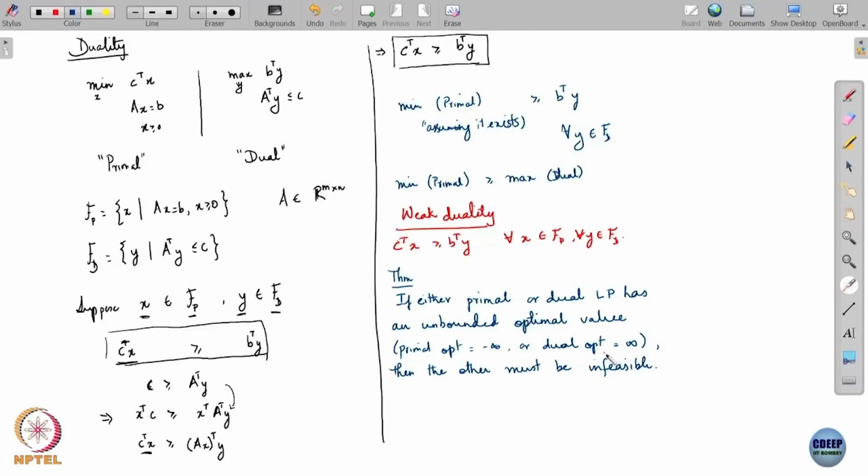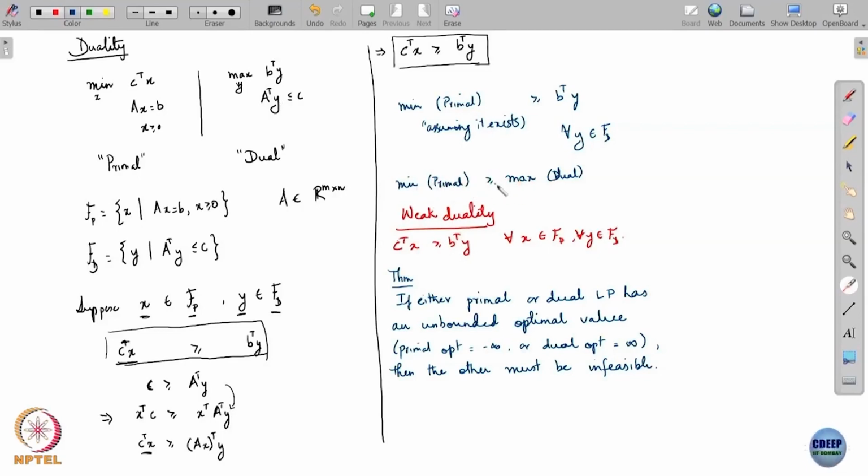Now, the theory of duality does not end here, because there is an even more powerful result, which says that if these two problems admit solutions, then their optimal values are actually equal. Weak duality simply says that the optimal value of the primal is greater than or equal to the optimal value of the dual.